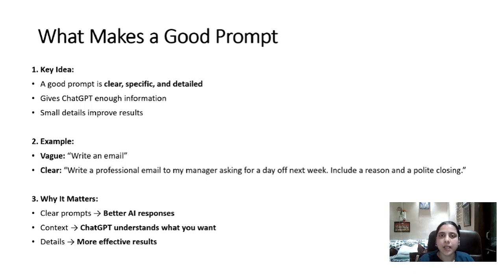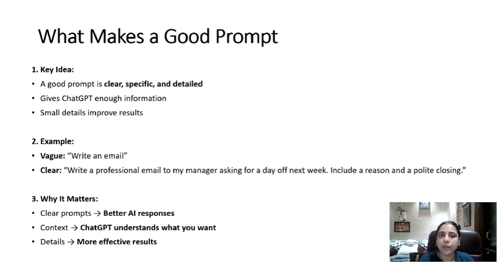So let's understand what is it that makes a good prompt. As you can see on screen, firstly, what is the key idea? That should be very, very clear. That is, a good prompt should be clear. It should be specific, write exactly what you want and make it as detailed as possible.